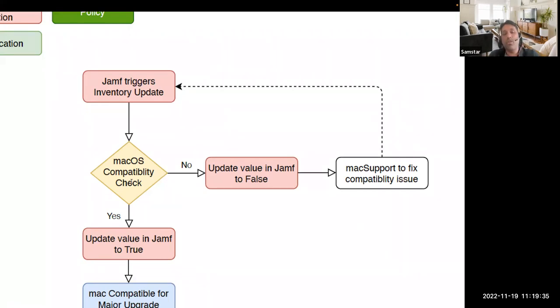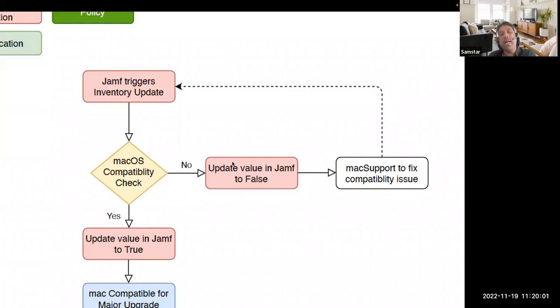So in our workflow, if inventory update runs, which is a JAMF management action, it will run the script in the backend and update a value. If the value is no, that means the endpoint is not compatible with Ventura, and there is a smart group logic created in the backend.